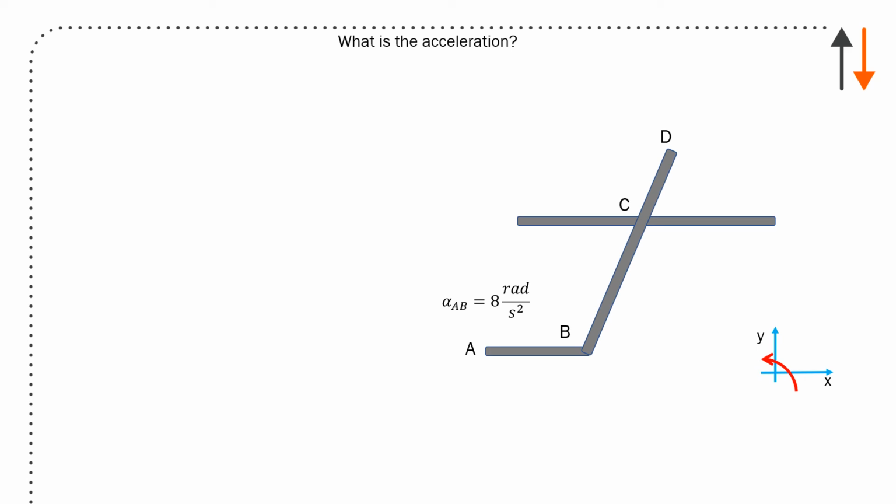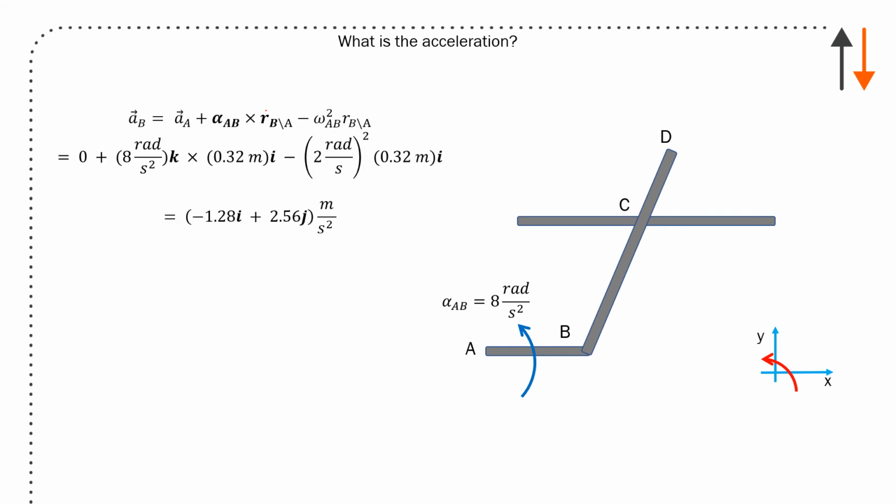What is the acceleration? Again, I'm given alpha AB, which is 8 rads per second squared counterclockwise, as shown here. Coordinate system is shown. Acceleration of B is equal to acceleration of A plus the tangential acceleration and the normal acceleration.